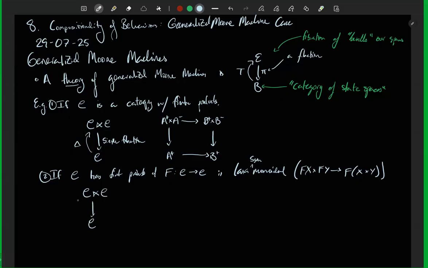And then we can take this to be instead blank times F of blank. If the diagonal here is blank times blank, we send S up to S times S, mapping down to S, so is T.